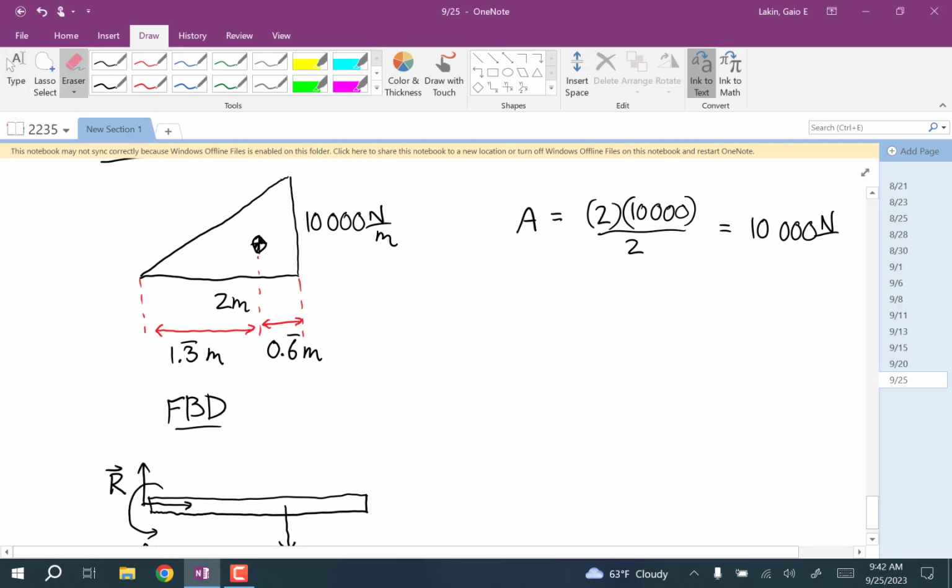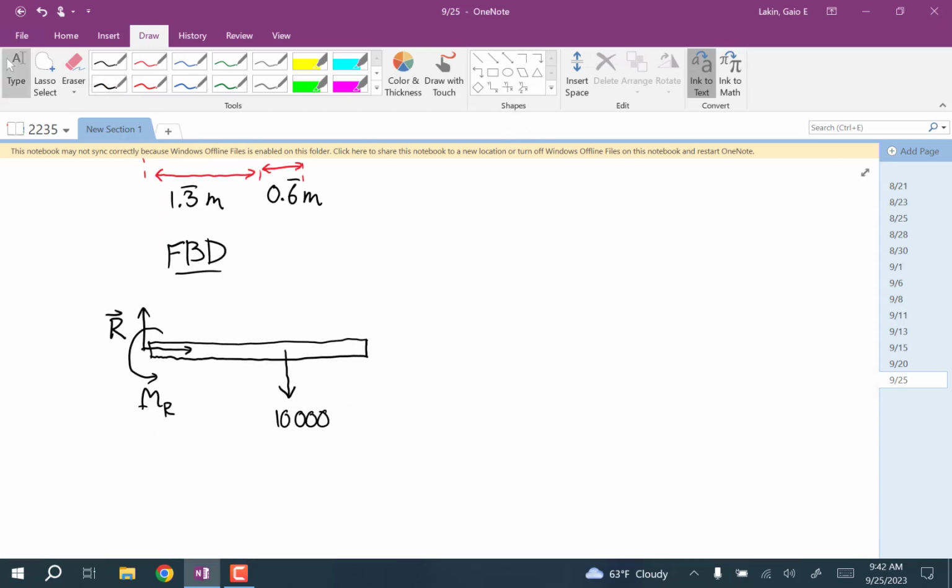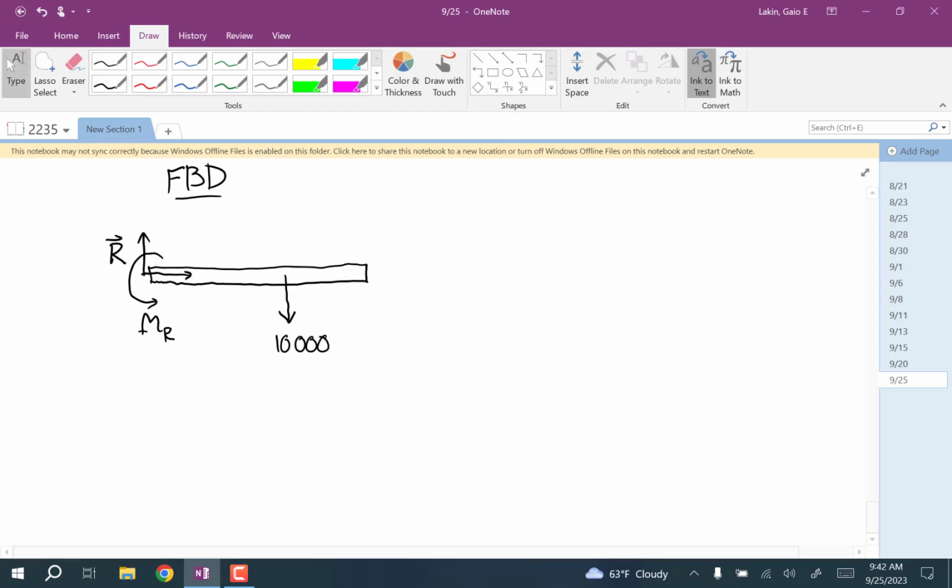This area shouldn't have a per meter in it. So now you can fill out rho, force, moment.